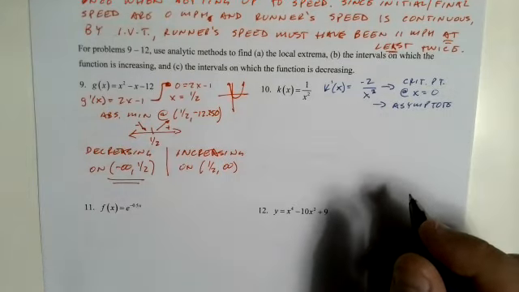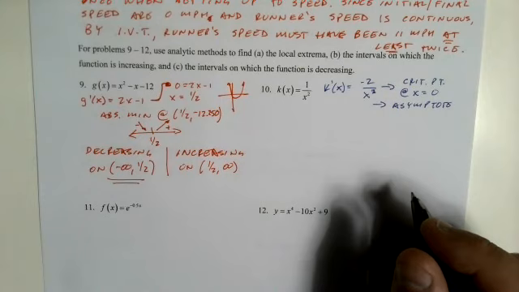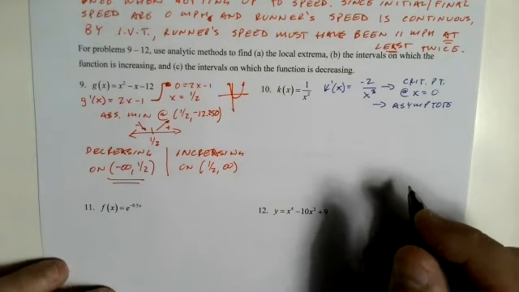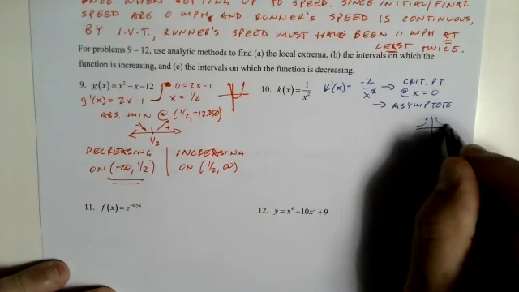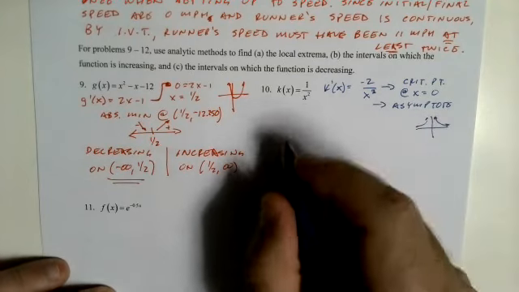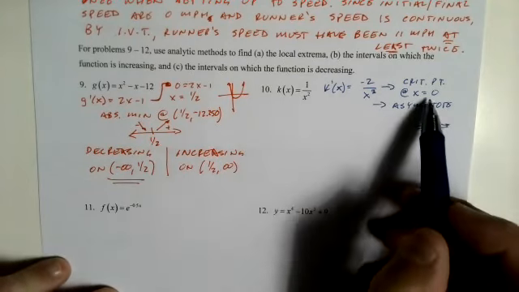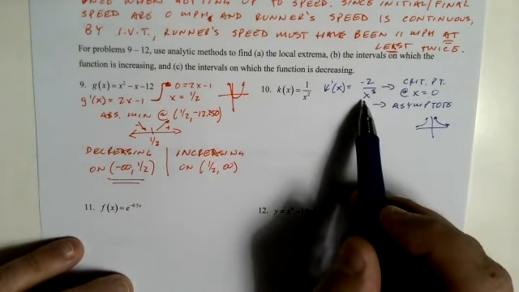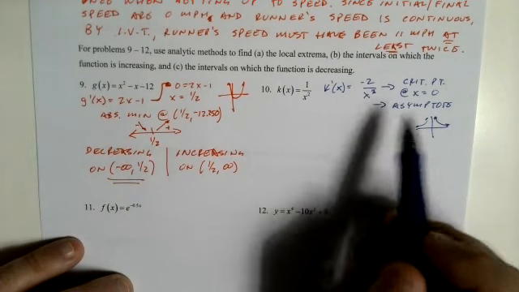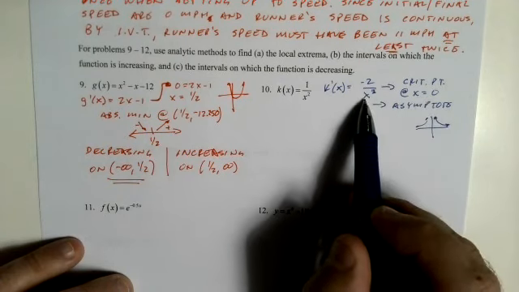I happen to know the graph looks something like this. So we'll go on either side of 0 just to check it out. We have a negative number. This is positive, negative over negative. We have a positive number.